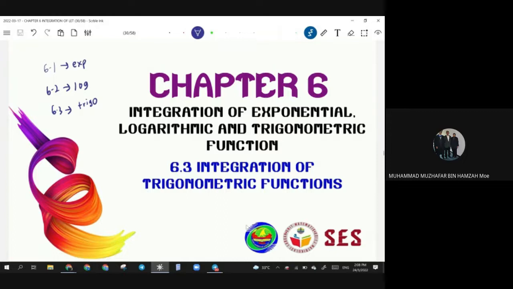By the way, kita takkan habiskan 6.3 hari ni. Saya rasa sekurang-kurangnya akan ada 2 kali lagi untuk 6.3 ni sebab dia agak panjang. Dia ada banyak situasi.